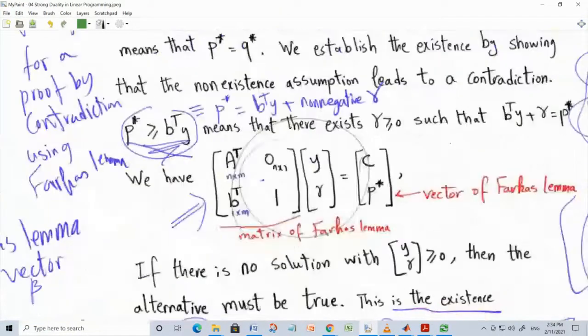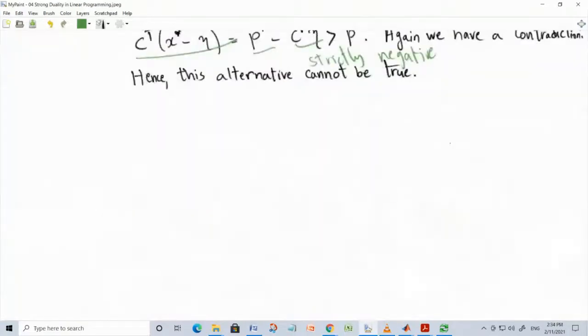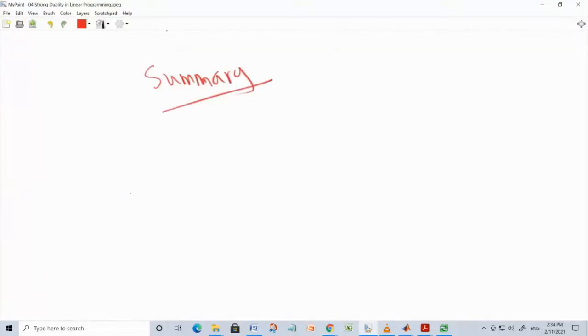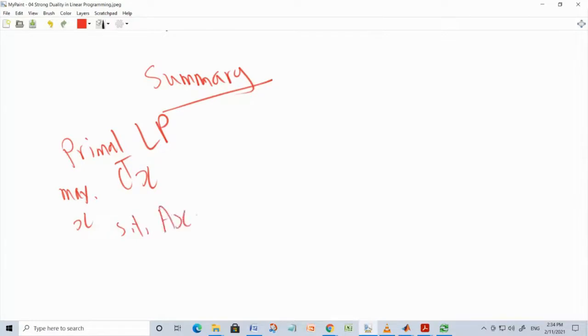Okay, so let's summarize. Summary. Primal linear program: maximize C transpose x subject to A x less than or equal to b.